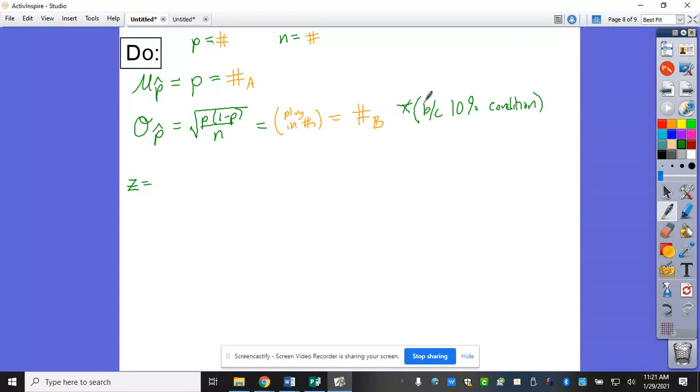I'm saying I can use standard deviation because of the 10% condition is why I wrote that over there. And then my z equals equation, I wrote number A and number B, so I can use it here. Which one goes on the bottom? Does number A go, is that the first number or the second number?